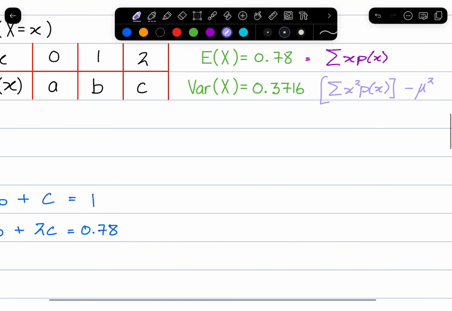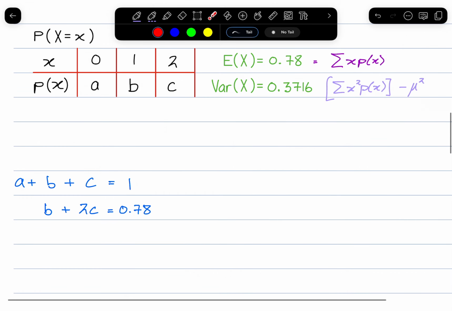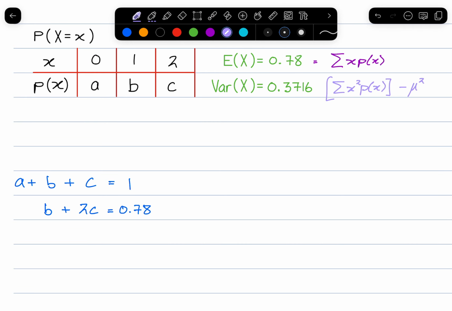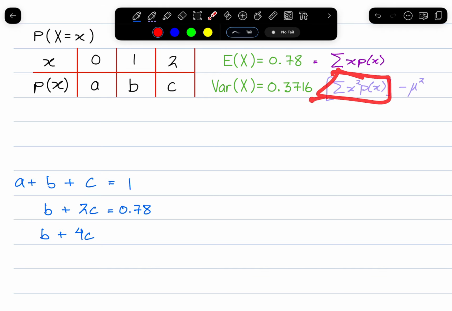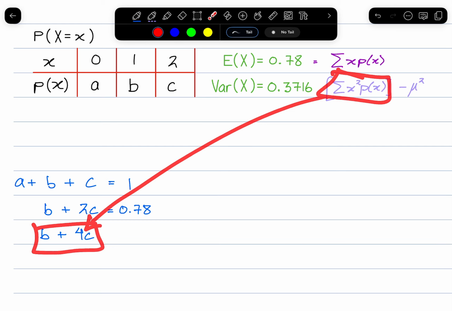So applying that formula, 0 squared times A is still 0. 1 squared is 1 times B gives me B, plus 2 squared times C is going to give us 4C. So this is now the sum of everything.